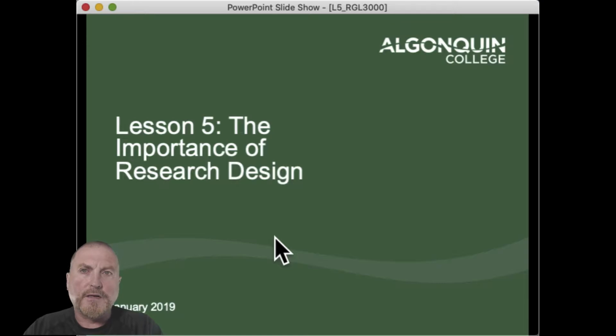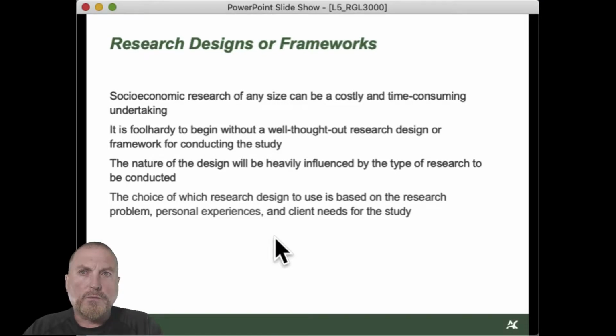The slides are fairly self-explanatory on this question. But one thing that drives this, as I said, is that socioeconomic research of any size, particularly large nationally based projects that are looking at a regulatory question across an entire country, can be quite costly and time consuming to undertake.